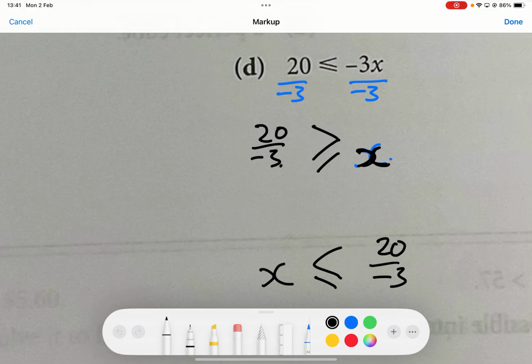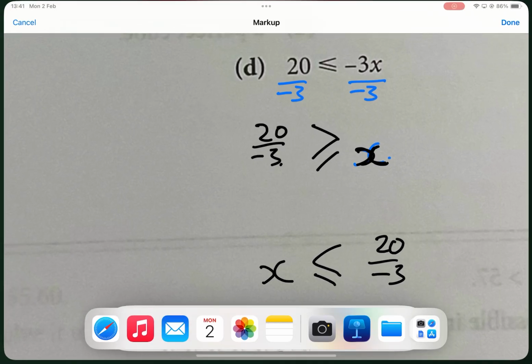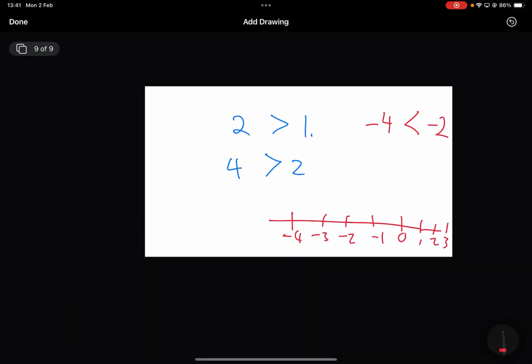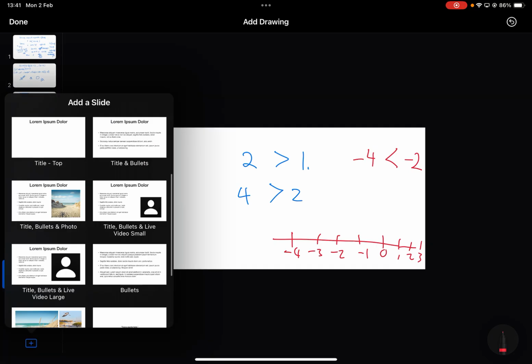Okay, another way to show you why the inequality will change side. Let's say I start with x larger than 2.